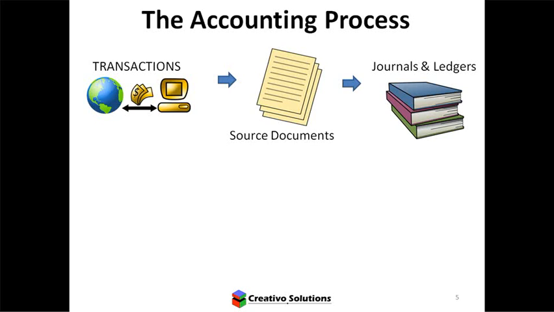So for example, if I go to store A and I purchase stationery for the business, then I go to store B and I purchase consumables for the canteen. So you've got stationery and you've got consumables. Both have been bought using cash. So those are both cash transactions. Because I've purchased something, that'll be seen as a cash payment.